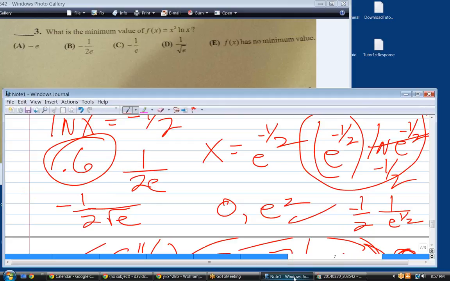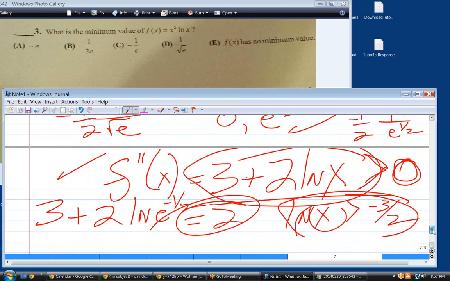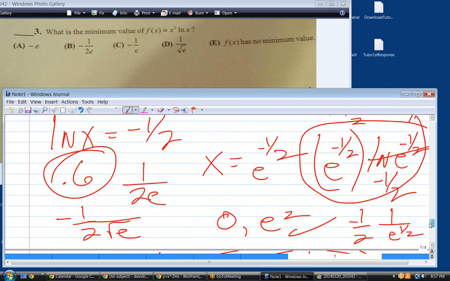And then when she plugged it into the y value, f of 1 over square root of e equals 1 over the square root of e squared times the natural log of 1 over the square root of e. Oh, I didn't square it. That's what I didn't do. When you square it, yeah, you lose the square root.